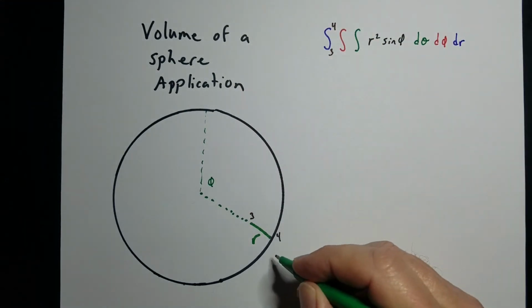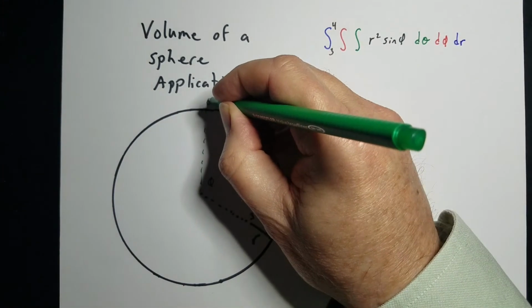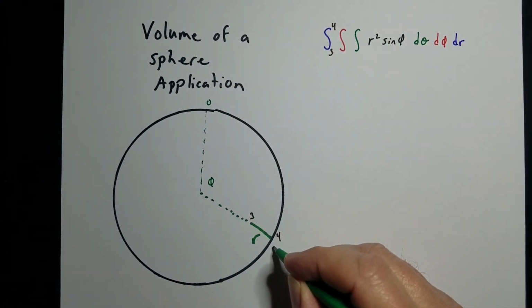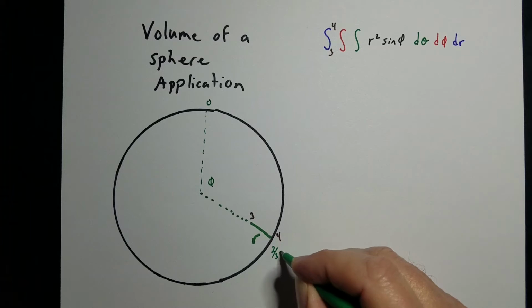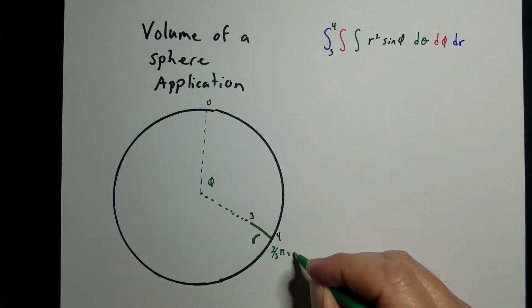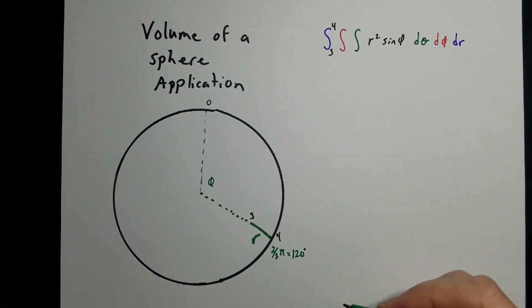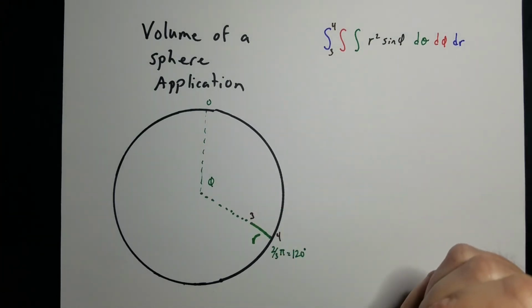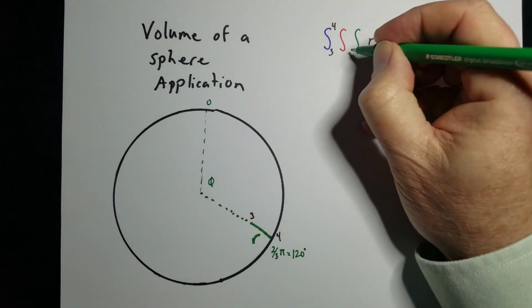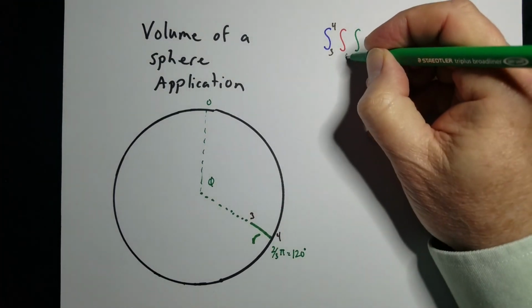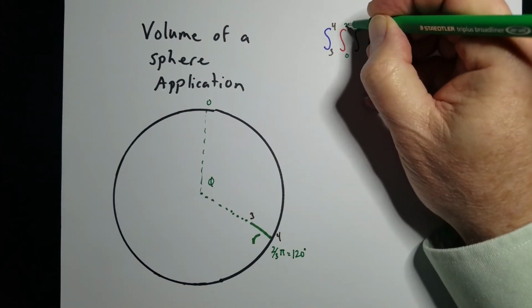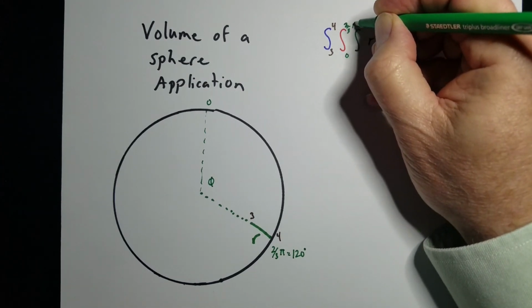And let's say that's going from 0 to 2/3 pi, which is about 120 degrees. So a little bit over 90. So I'm going to go from 0 to 2/3 pi.